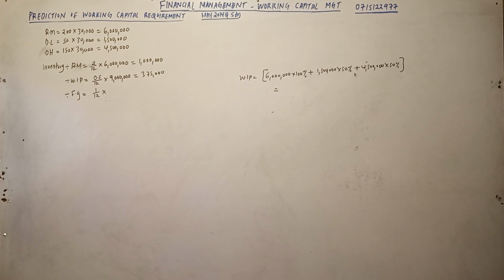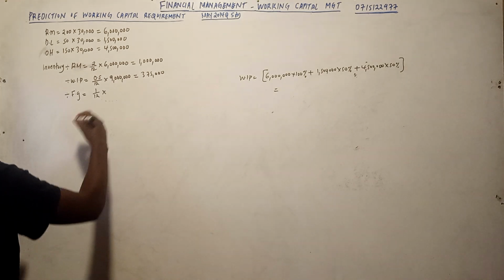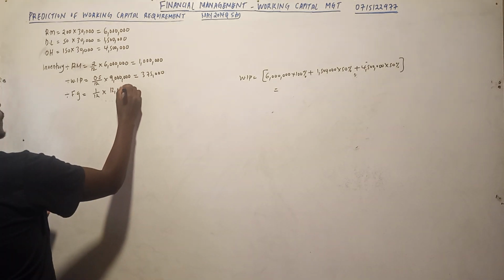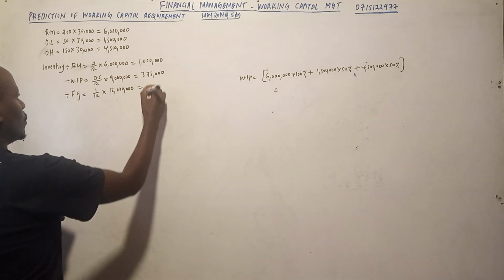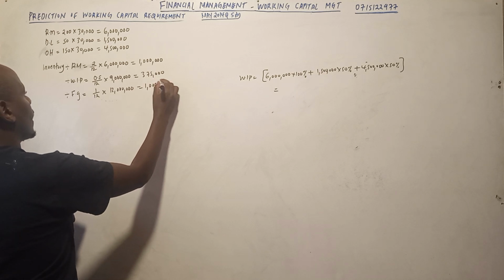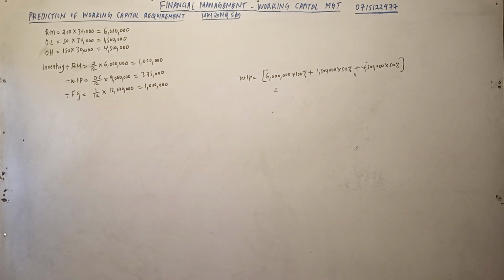We are supposed to add 6 million plus 1500 plus 4500, which is approximately 12 million. Divided by 12, atupatia 1 million. So finished good is 1 million. Tumemalizana hiyo hivyo.